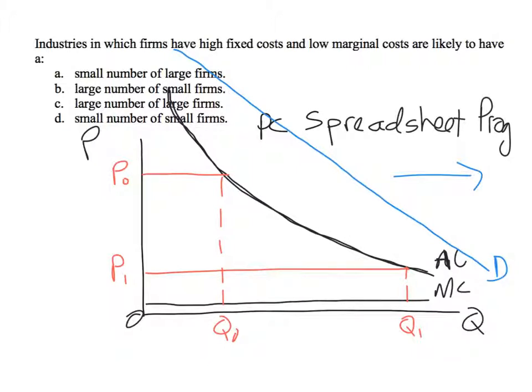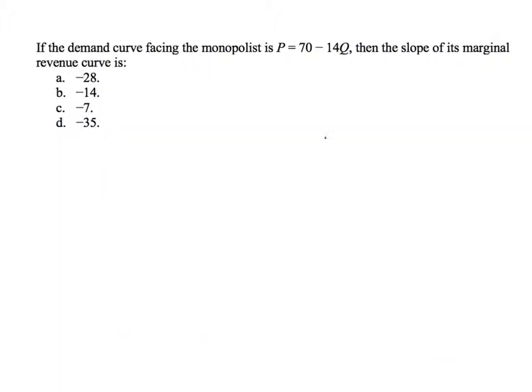All right, it turns out the next couple of problems that teams missed were redundant to the ones I talked about in the last screencast, but let's have a quick look. If the demand curve facing the monopolist is P equals 70 minus 14Q, then the slope of its marginal revenue curve is, remember we talked about that in an earlier screencast, the marginal revenue function for a monopolist that faces a straight line demand curve is a line with the same y-intercept and twice as steep.